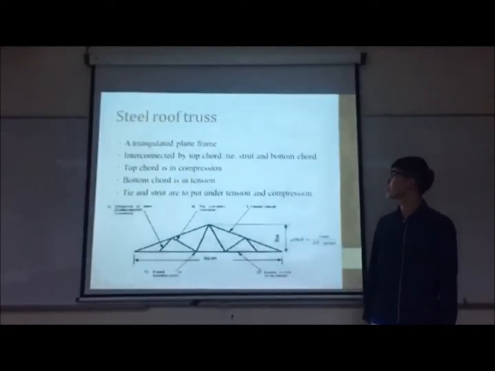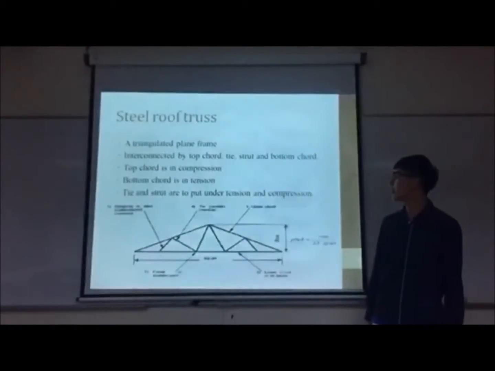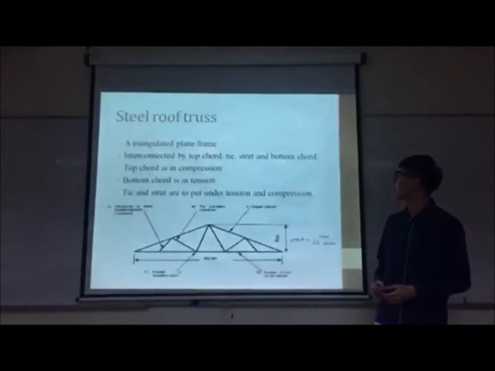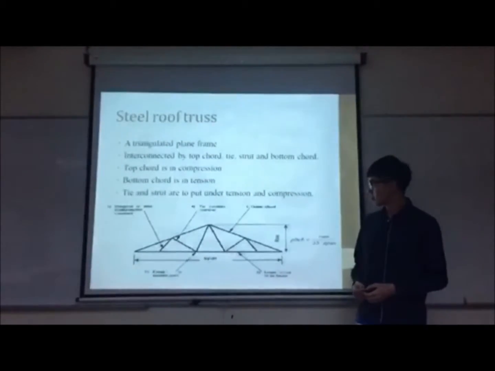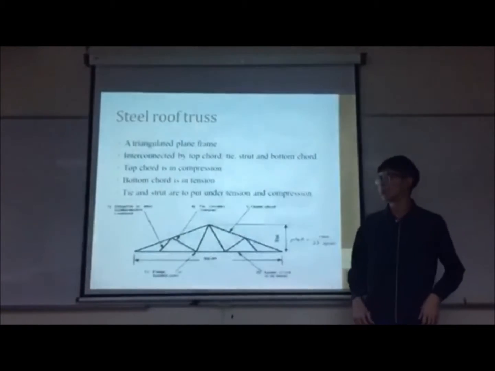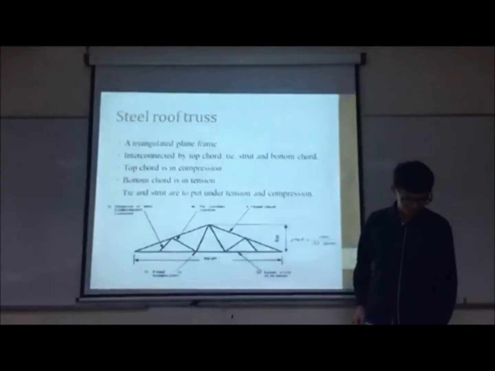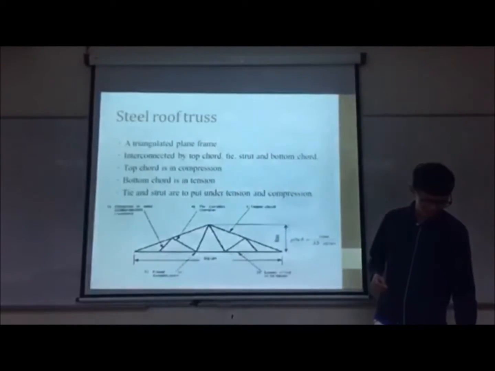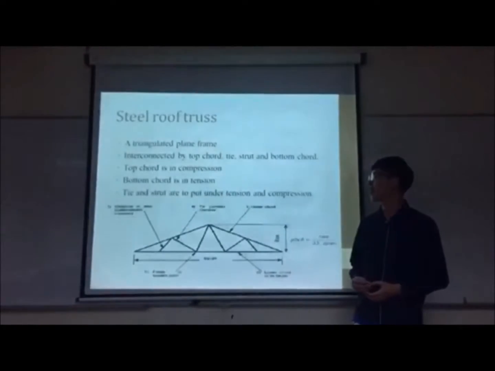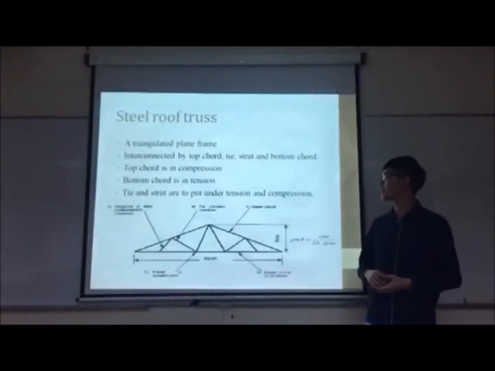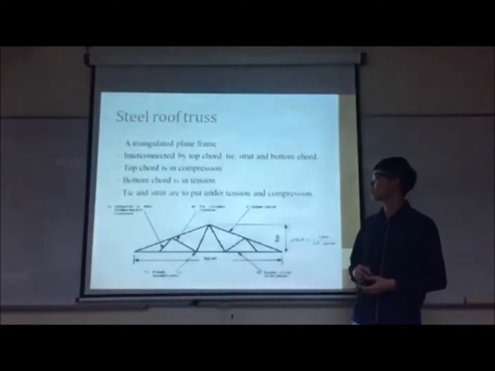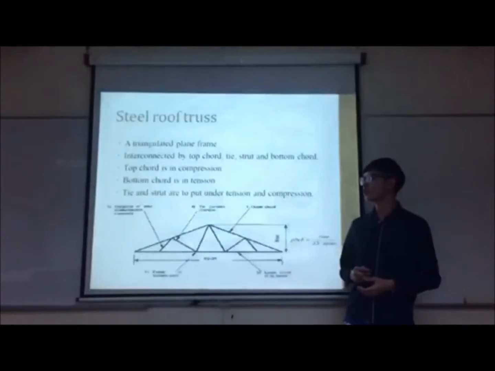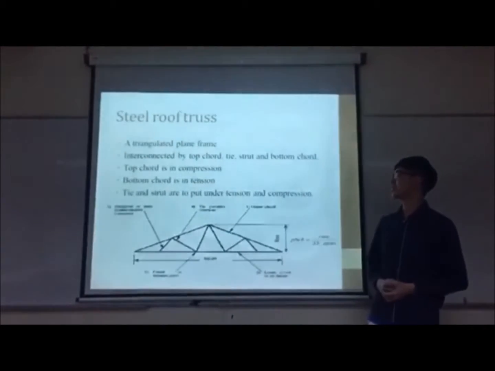I'm going to talk about the steel roof truss. A steel roof truss is a triangular frame interconnected by the top chord, web struts, and bottom chord. The top chord is in compression, pushing outward at the heel and down at the peak, and the bottom chord is in tension to withstand outward thrust.